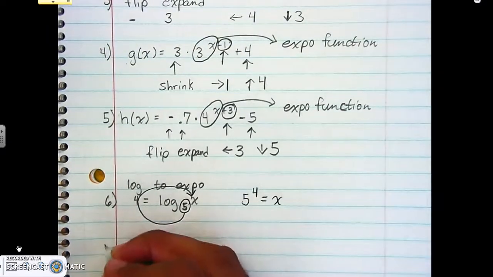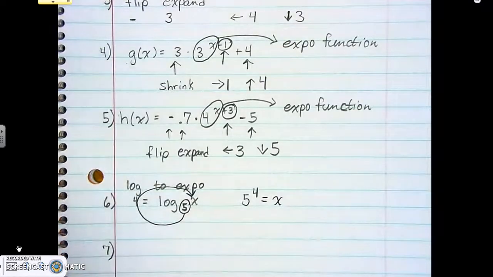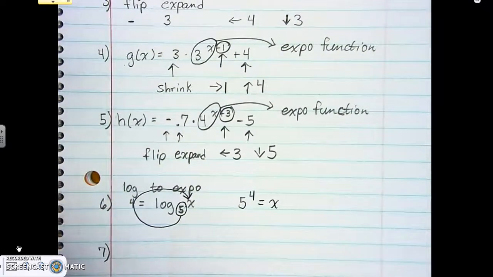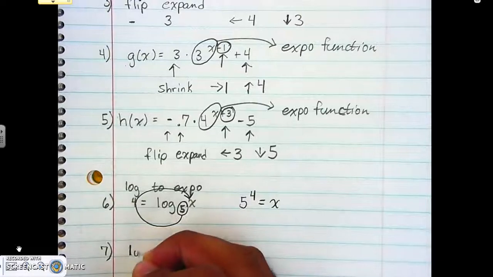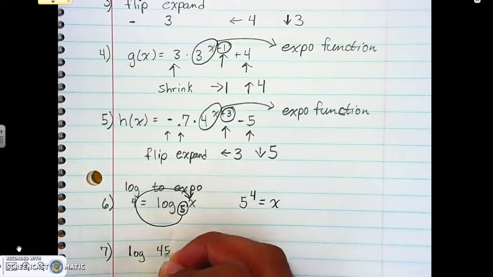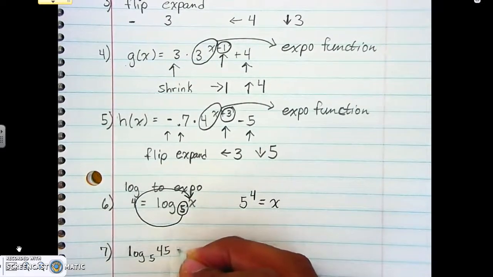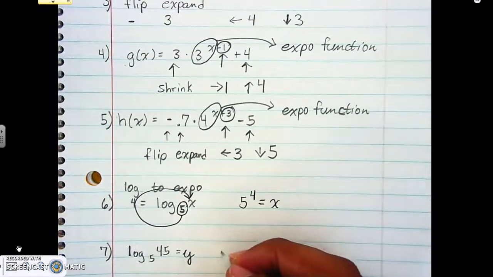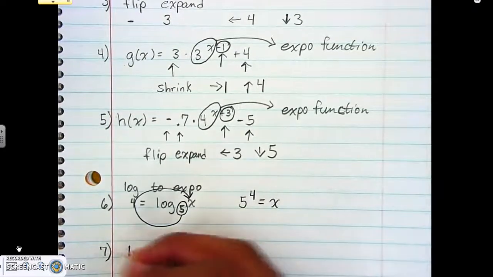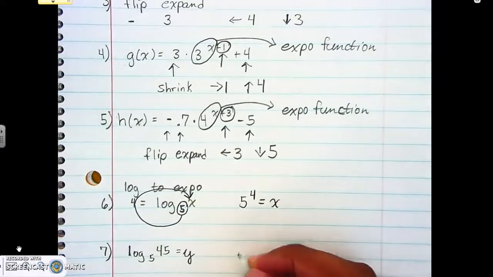Then number 7, do the same thing. Again, move the y in front so we can do this part easily.